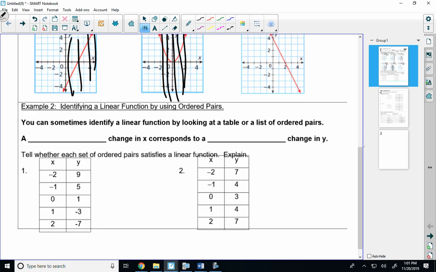Okay, so the next step is looking at tables and determining if they're a linear equation or function or not. You can sometimes identify a linear function by looking at a table or a list of ordered pairs.